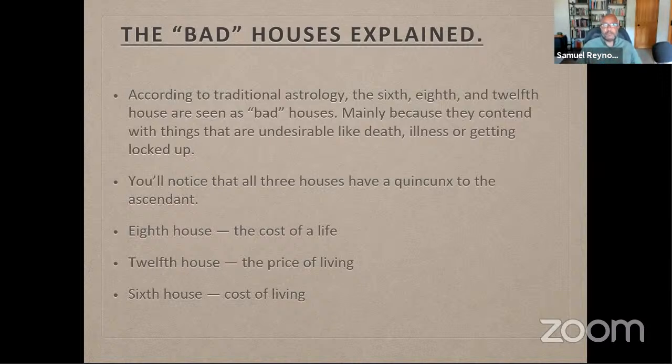If you were an aristocrat, you would have servants. Now we have more employees, or I have assistants who help maintain the level of what I call my identity. And the 12th house, I call the price of living. So that's the cumulative aspect of that.